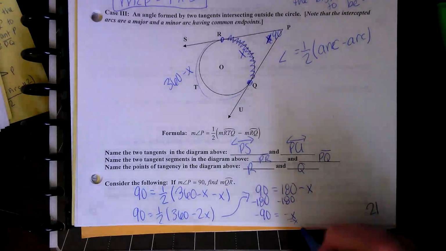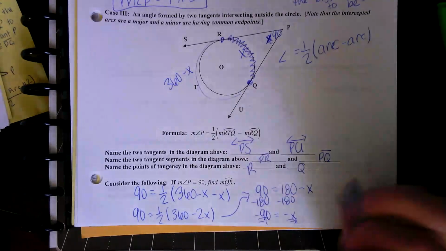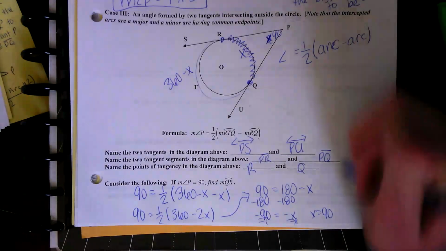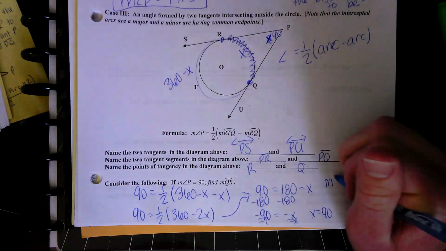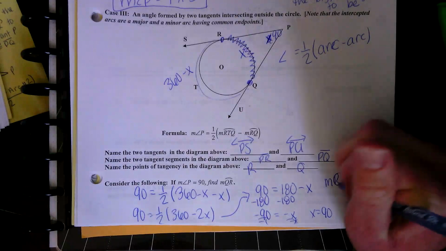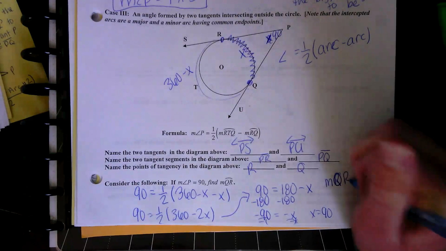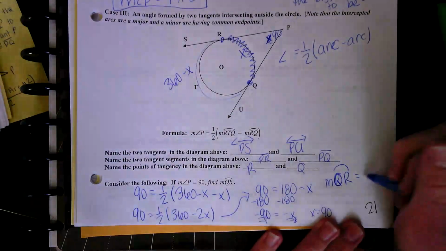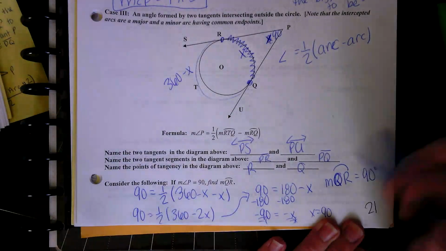Okay. Negative 1 divided by negative 1, so x is equal to 90. So the measure of arc QR, that's the way it's written, is 90 degrees.